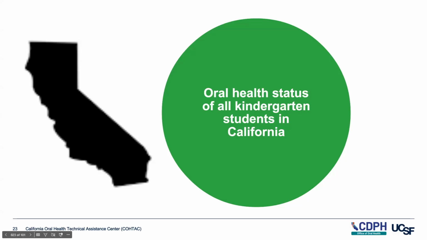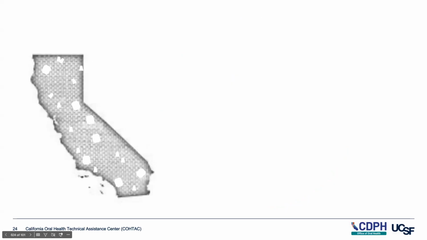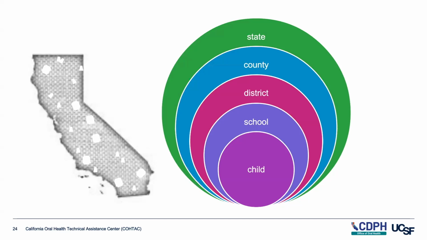But how we get that data is pretty complicated. We start by getting a form or an assessment per child. We collect those at the school level or the class level. Then we might be entering it at the district level or maybe the county level. All those districts within the county are putting in the data, and then we're able to summarize things at the state level. So there's a lot of different steps in there.